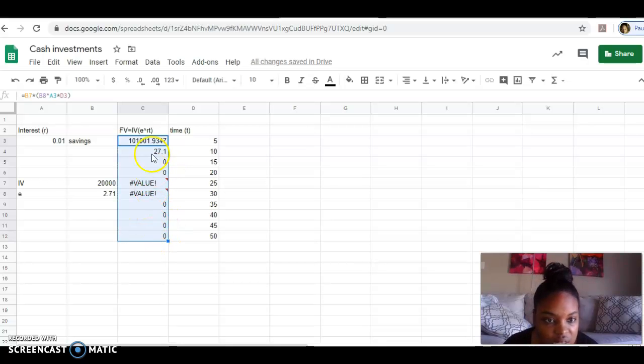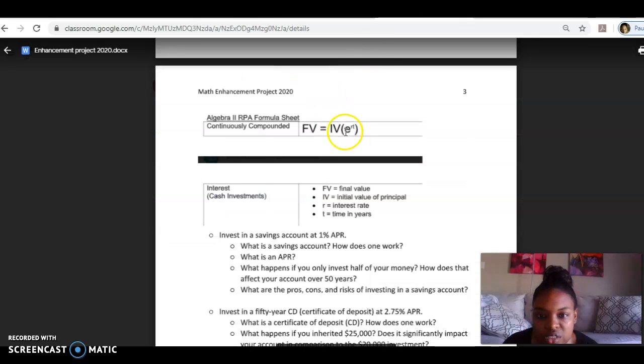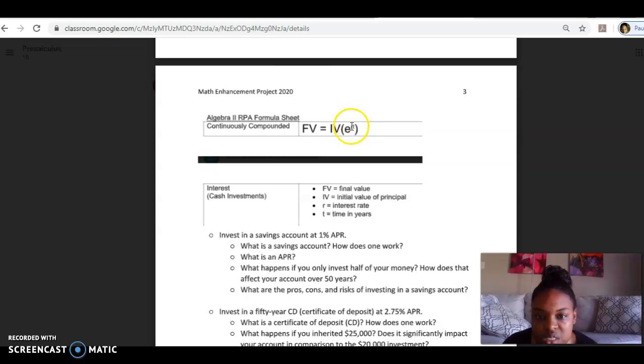But you see how it has all these errors in the calculations? So it means that we need to look at what we had in the equation and make sure that we have everything written correctly. So let me go back for a second. In the equation, the R and the T are the exponents here.